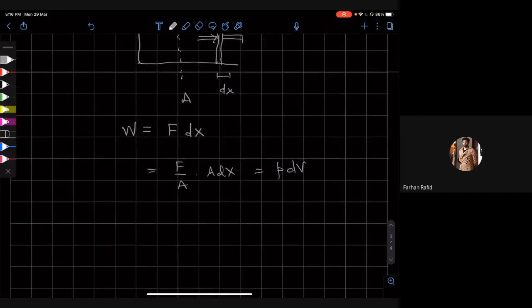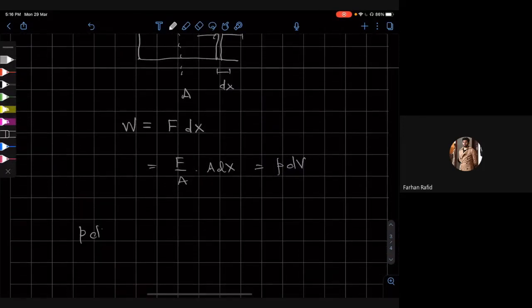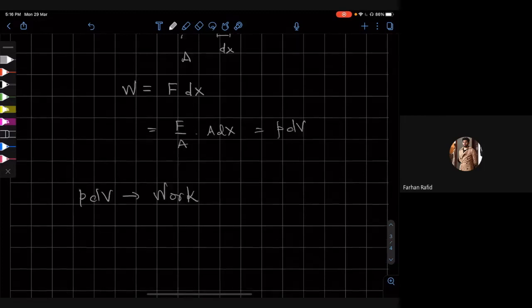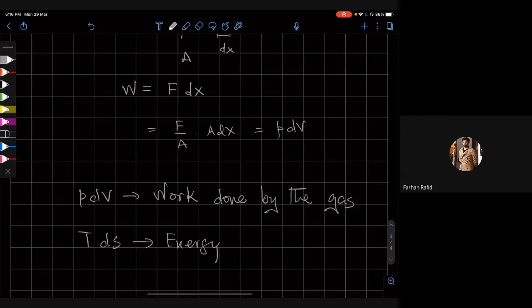So just to summarize, P dV is the work done by the fluid or the gas, and T dS is the energy transferred by heat, okay?